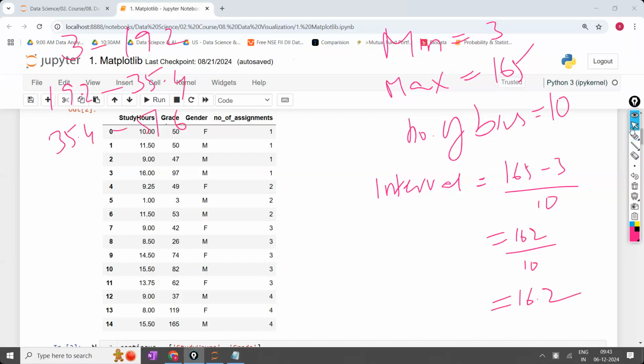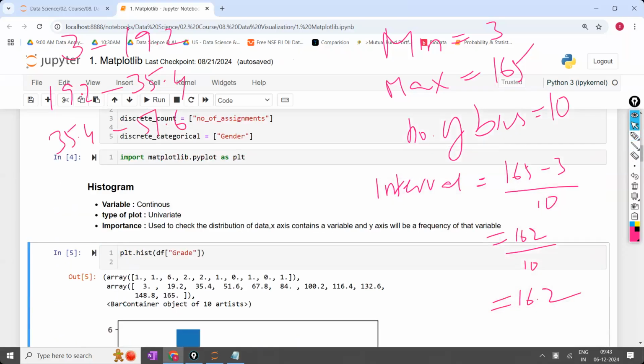So these are the intervals. See here, can you see the same numbers? First is 3, 19.2, 35.4, 51.6. This is interval number 1, this is interval number 2, this is interval 3, this is interval 4.